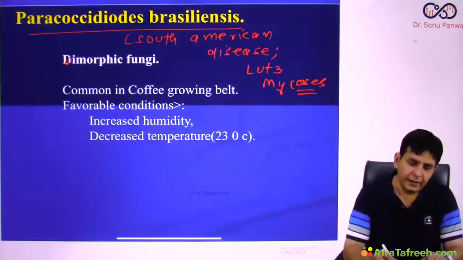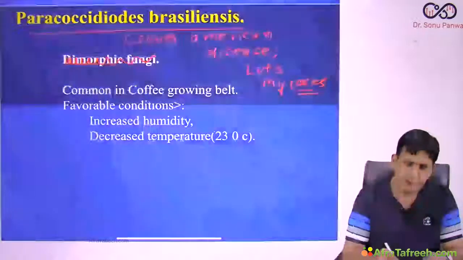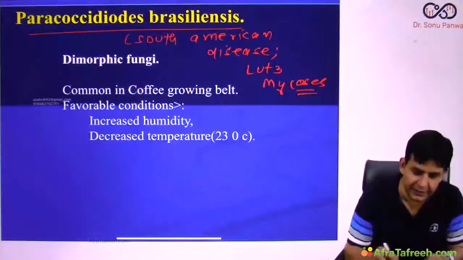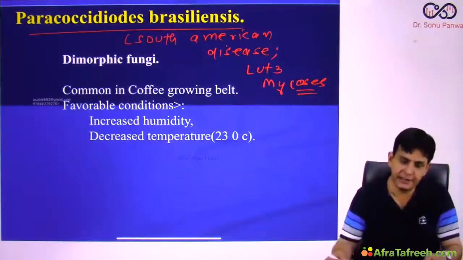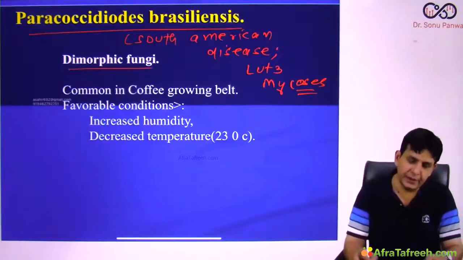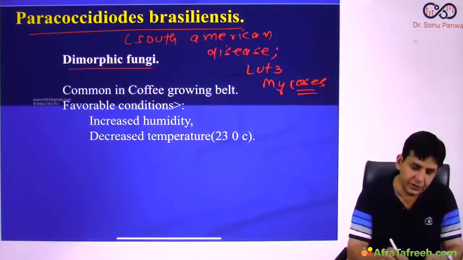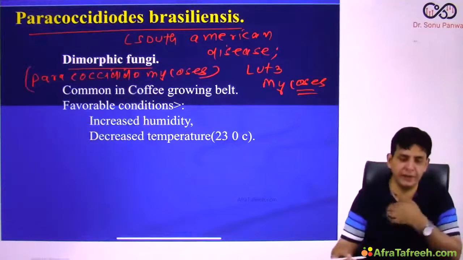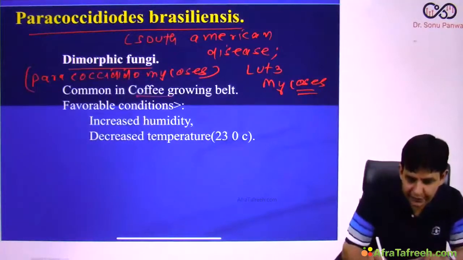Okay, and this particular one is Paracoccidioides brasiliensis, which is termed as South American disease or Lutz mycosis, and this is also dimorphic, we already know. Okay, this Paracoccidioides brasiliensis leads to which disease? South American disease, which is also termed as paracoccidioidomycosis.